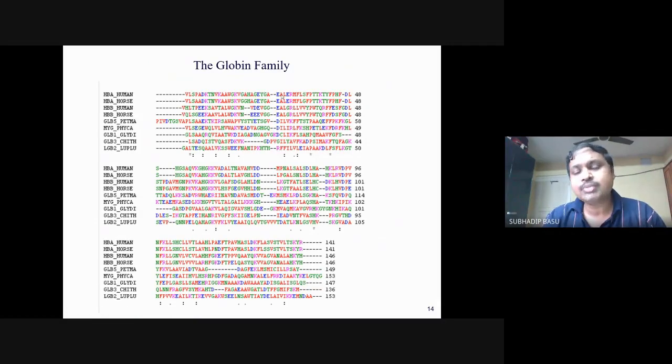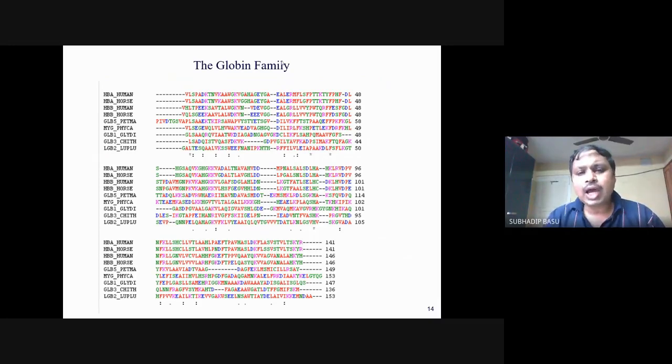Here we are showing globins, a very popular and very well studied protein family, like the hemoglobins in human, and there is myoglobin, and there are many different globins that carry oxygen in an organism.